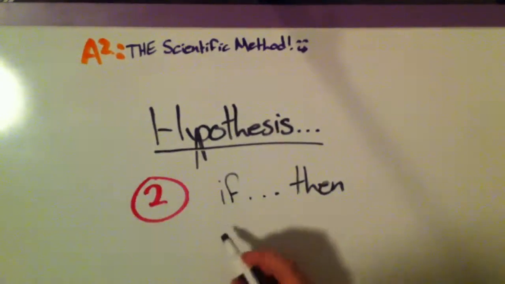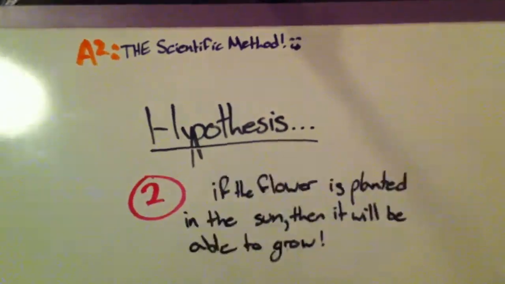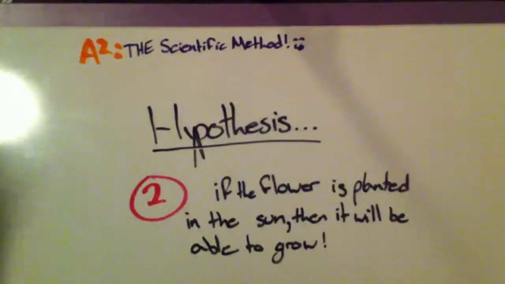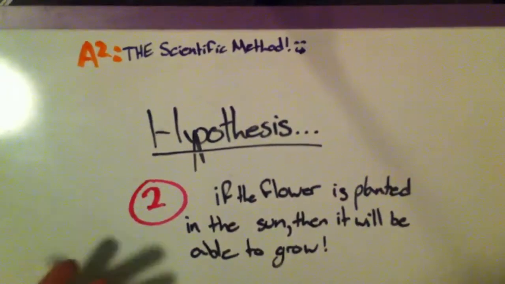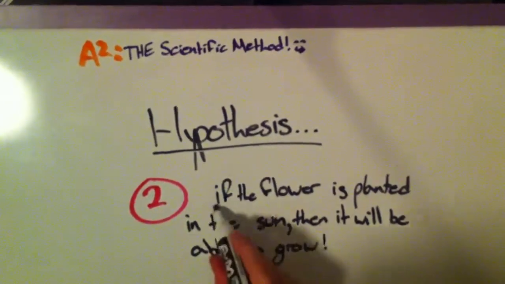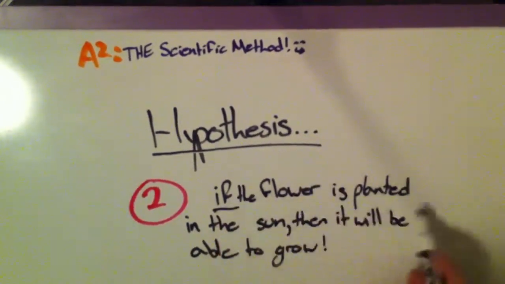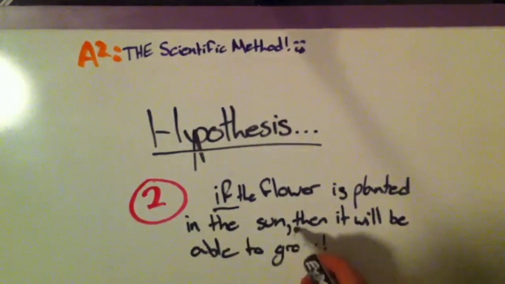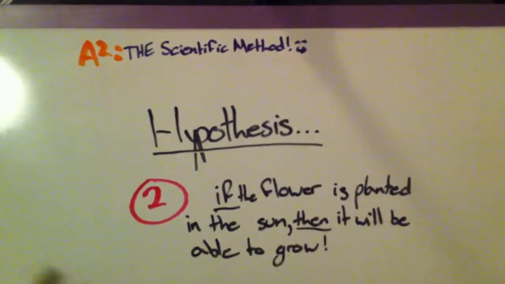So basically, using the example we've been following so far, our testable prediction would be: if the flower is planted in the sun, then it will be able to grow.